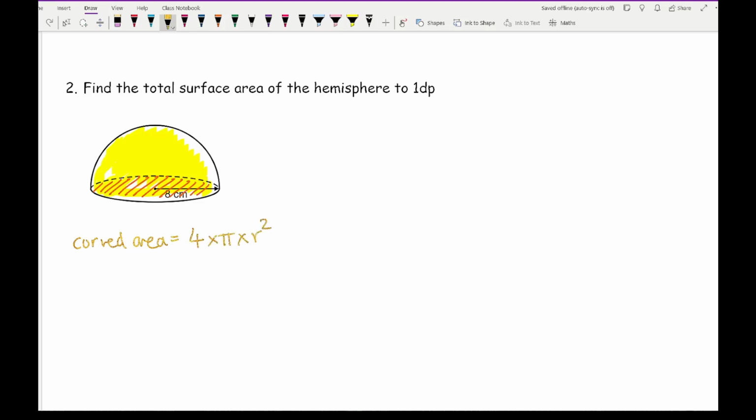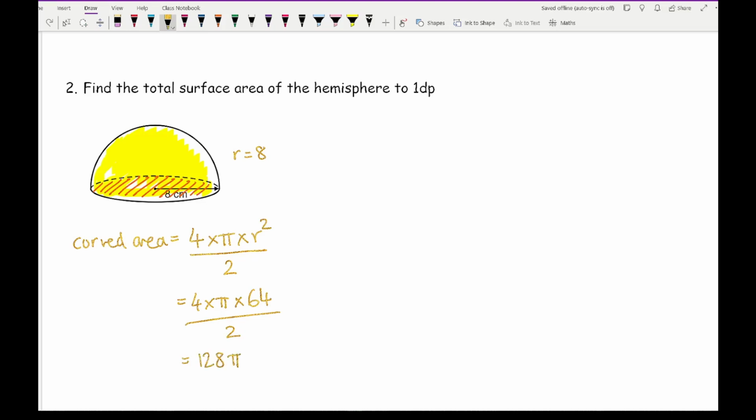But because it's a hemisphere, I need to divide that by 2. So I can simplify that. We know that the radius is 8, so r equals 8. So I've got 4 times pi times 64 divided by 2. And if I type that in or work it out, whichever you prefer, we get 128 pi.